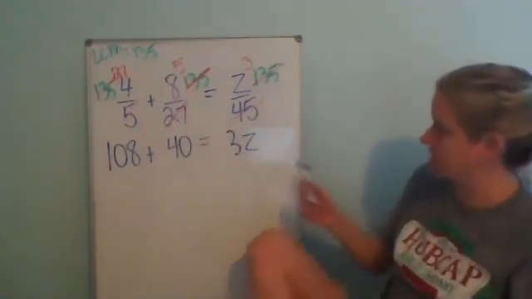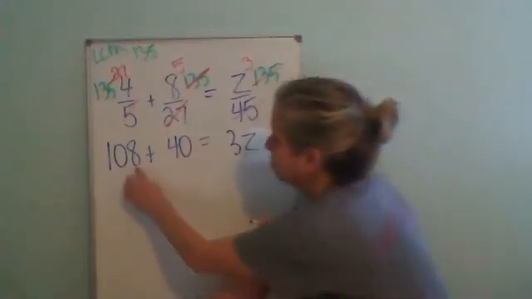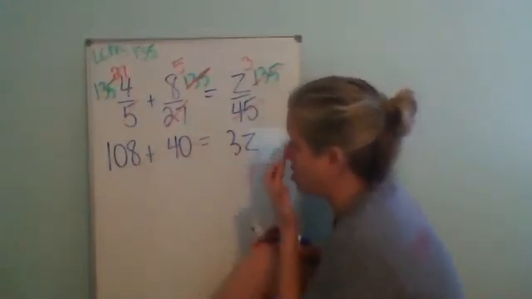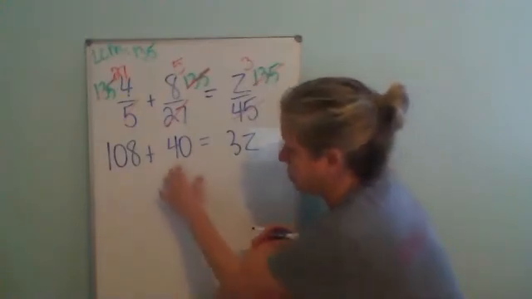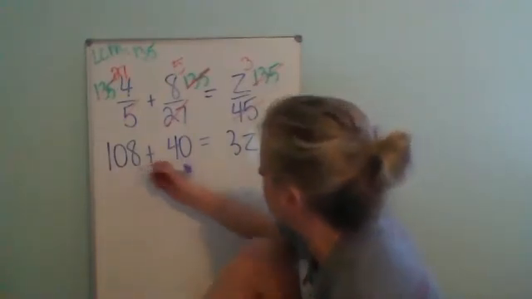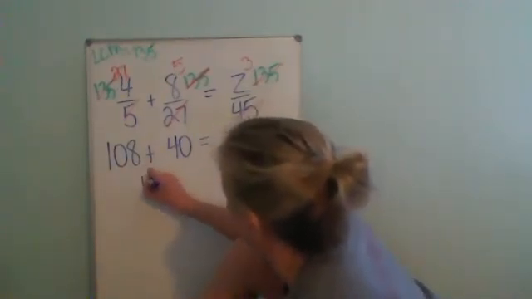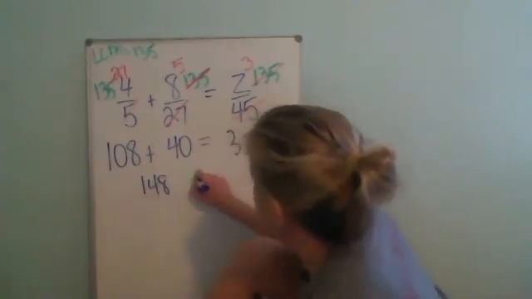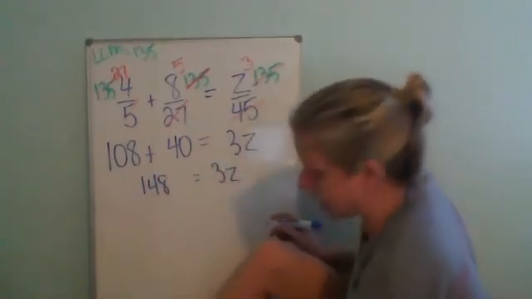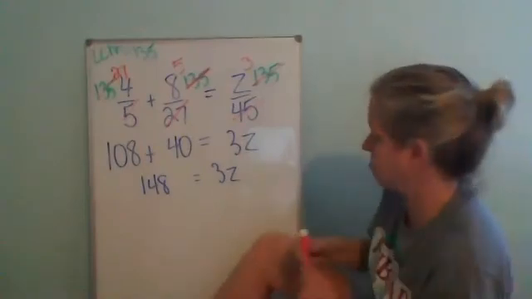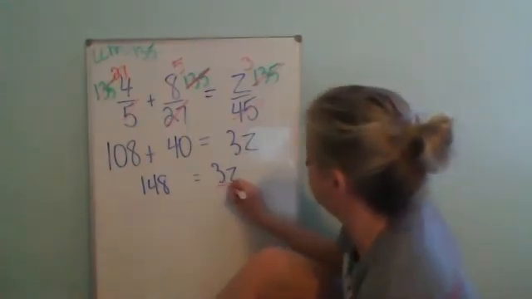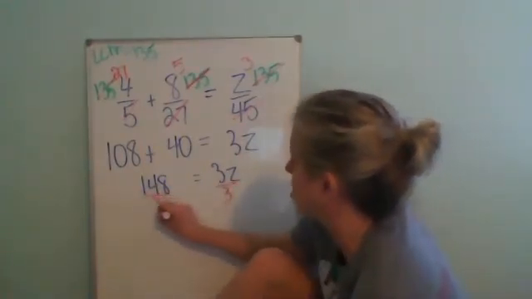So I'm just trying to get z by itself. Well, I can put these 2 numbers together, that 108 and 40, since they're on the same side of the equal sign. If I add those together, what does that give me? 148 equals 3z. And getting z by itself, which means I just need to divide both sides by that 3.